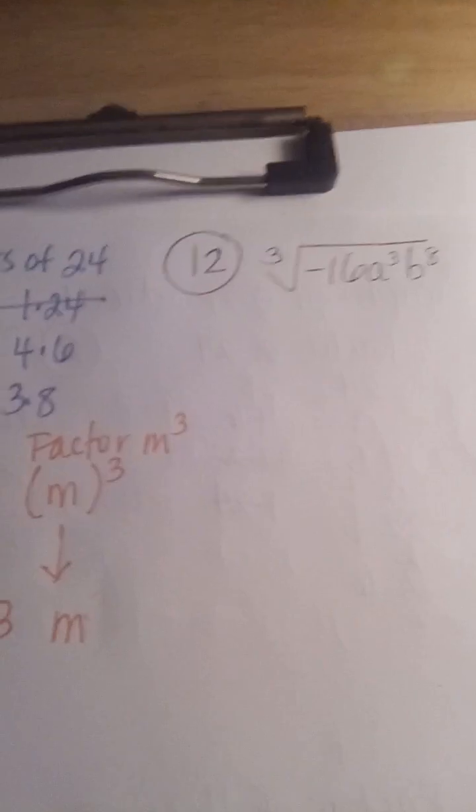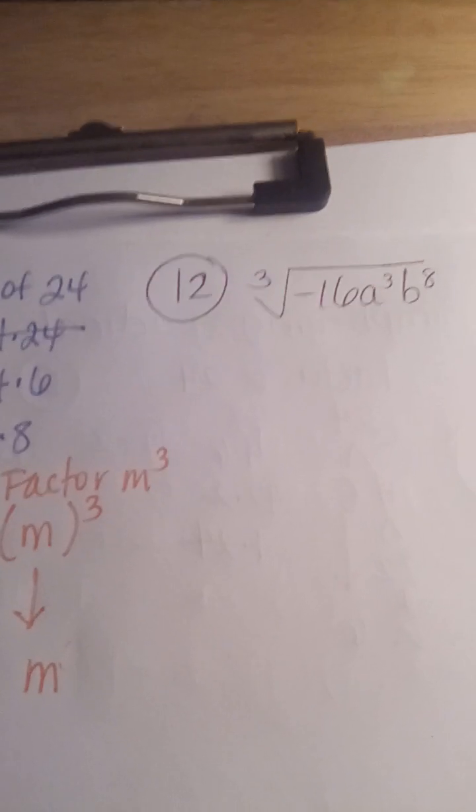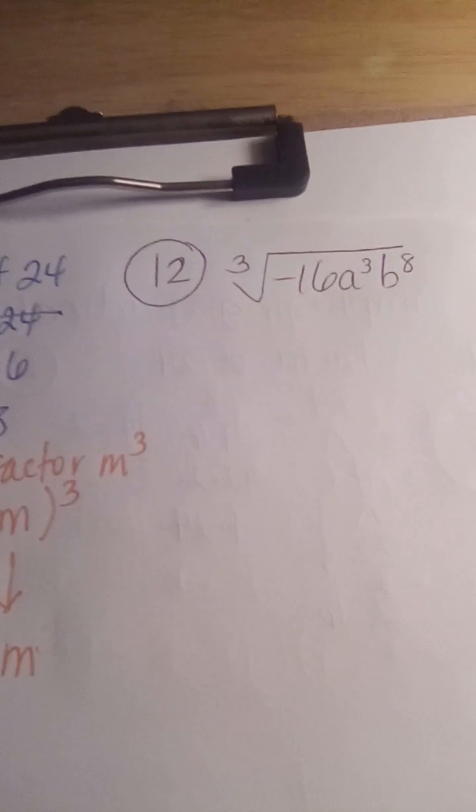So we have the third index, square root of negative 16a cubed b to the 8th power. All right. First thing first, we have to do what? Factors, right? Factors of 16. We got 1 times 16, 2 times 8, 4 times 4.